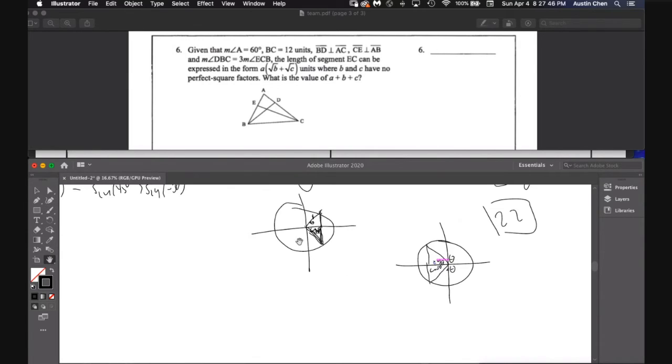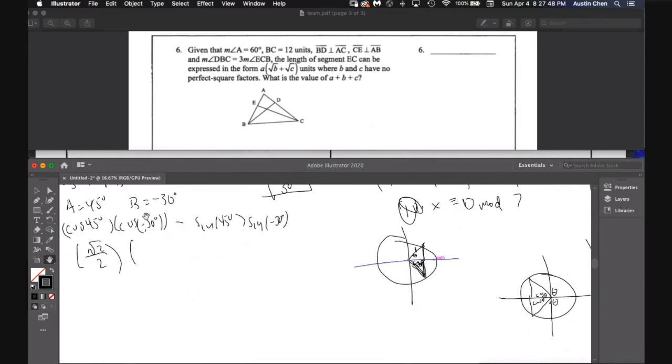So it works for all theta. So cosine of whatever angle, the angle inside is not affected by any negatives. We can always negate it, but it will not change the value for cosine, right? So you can say cosine of negative 30 degrees is equal to cosine of 30 degrees. And then cosine of 30 degrees is root 3 over 2.